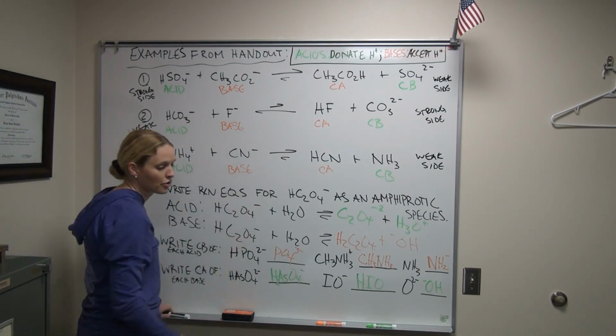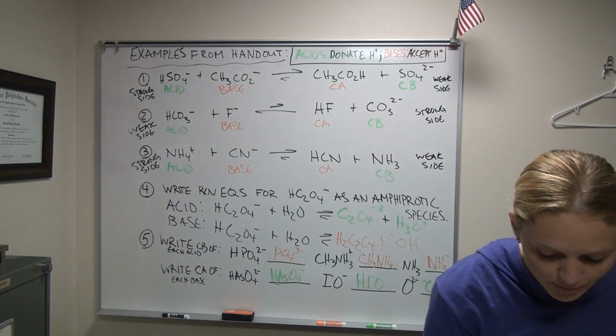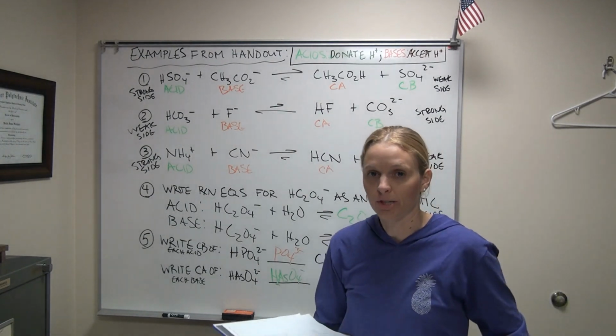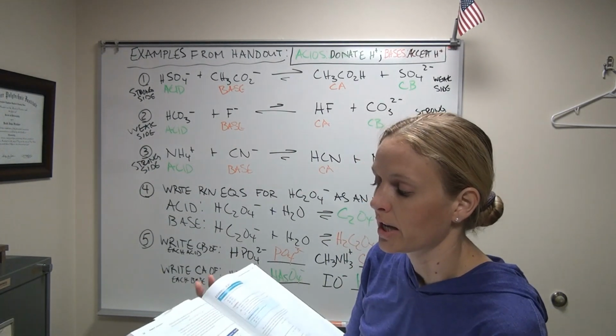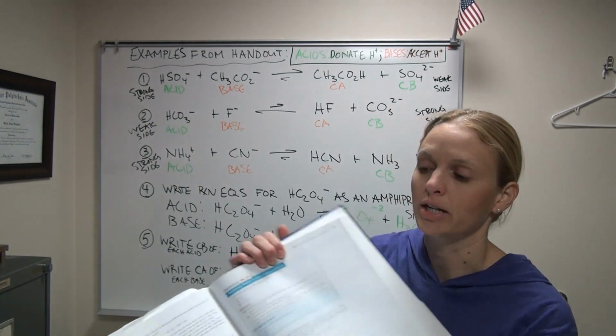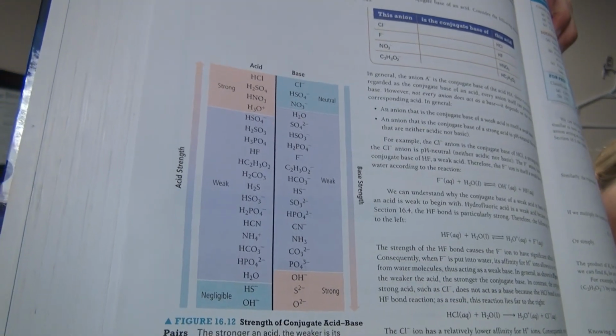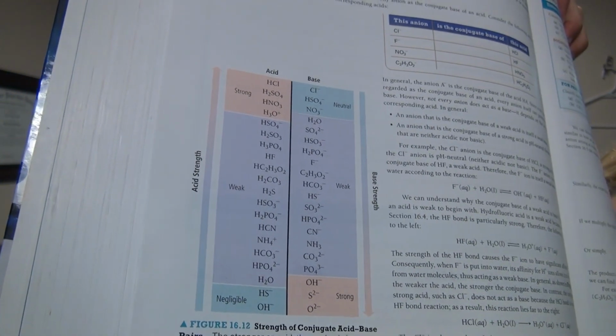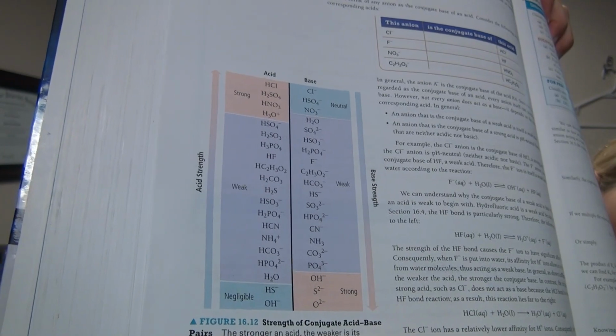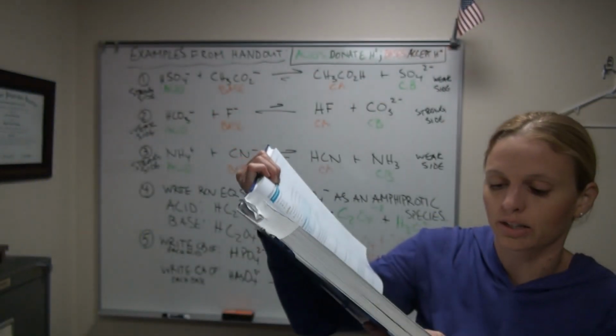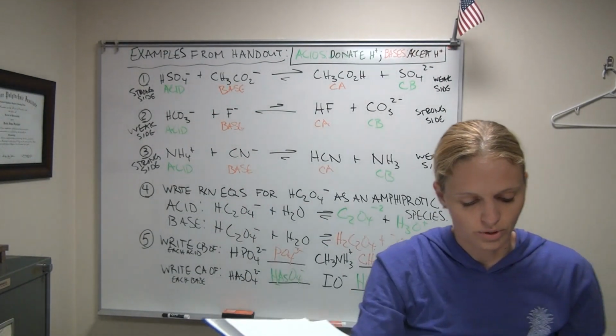If the arrows are not given, you would have to be given some other information about the species and the reaction equation. If you turn in your textbook, second edition, to page 714, there is a table there, figure 16.12.